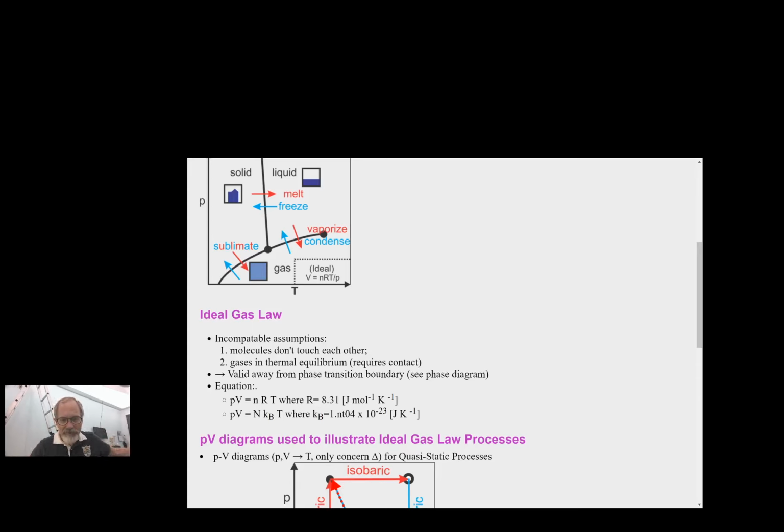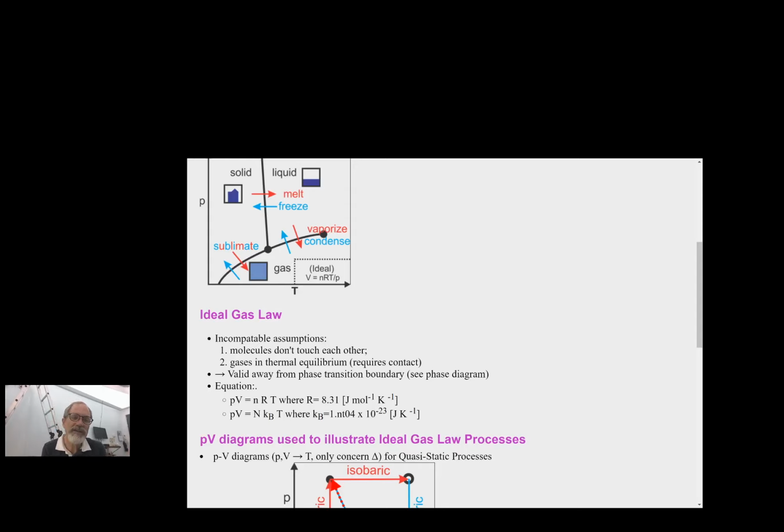So if something going fast hits something going slow, what happens? In this sort of transition, the one that's going slow will be able to go faster, and possibly the one that's going fast may end up going a little bit slower. So they'll come more to thermal equilibrium by having contact. But the assumption of the ideal gas law is that this will never happen.